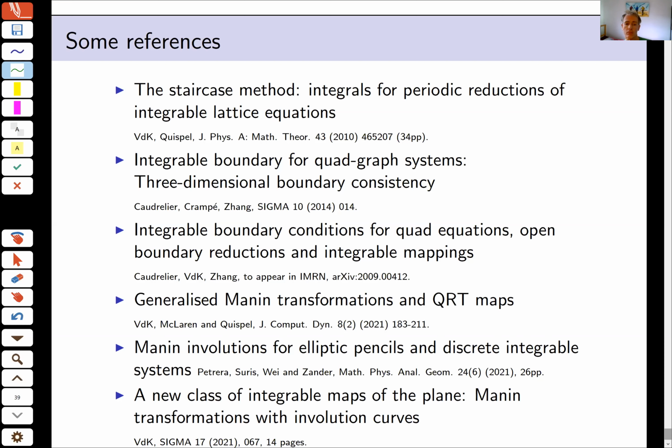Okay. If you say it lifts, I would say it lifts to H3, right? Because the reduction goes the other way. You start with the lattice, you reduce it to a mapping, but in your case, you would lift your mapping up to a lattice system or a consistent system.